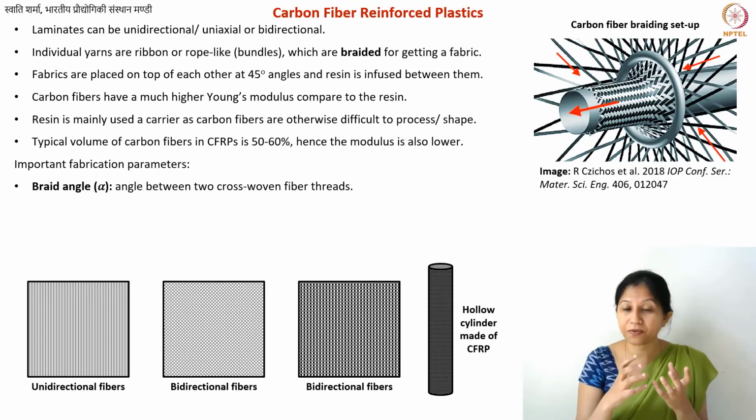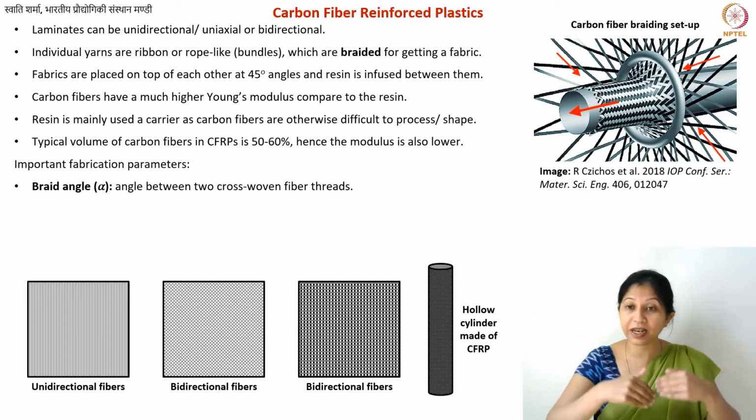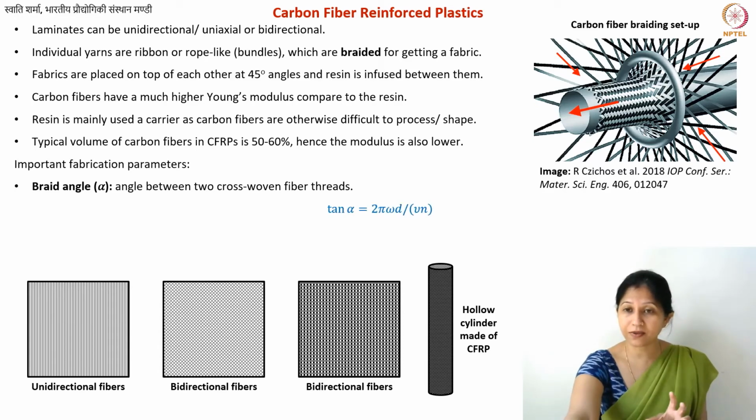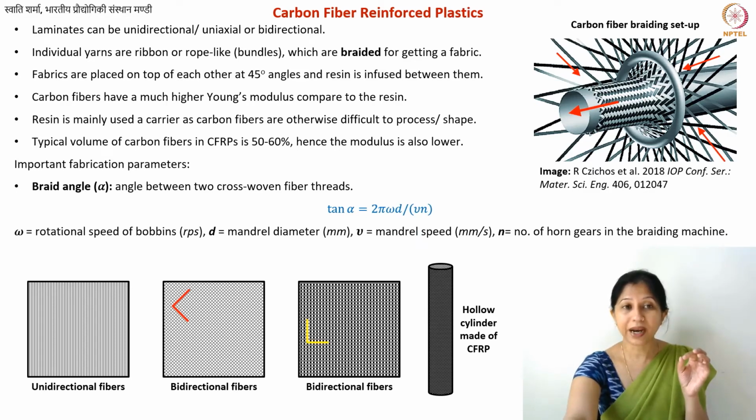So the rotation of your mandrel and the speed, and also the speed at which you are feeding the fibers. And even these things will also depend on the kind of gears that you have in your machine. So based on all of these parameters, you define something known as the braid angle.